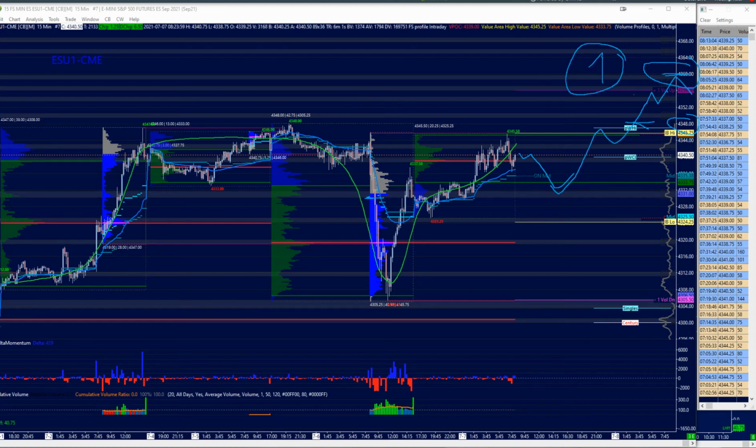Scenario 2, which we test higher, take out the overnight high, which is currently at 45-ish, yes, 45, all-time overnight high, 45.